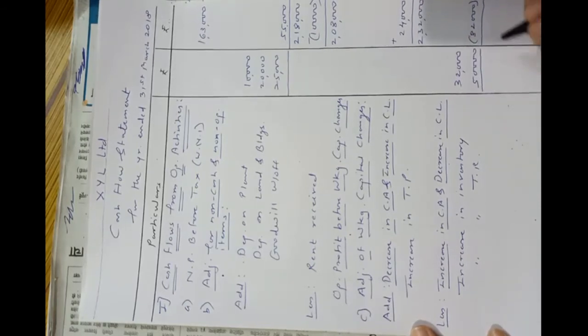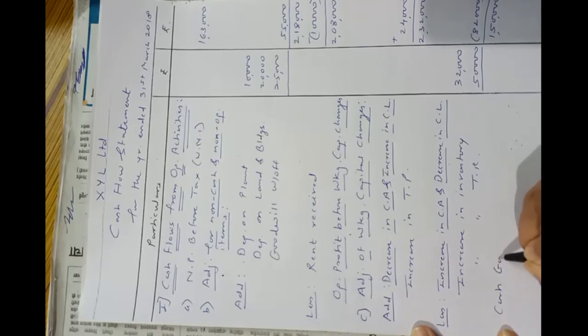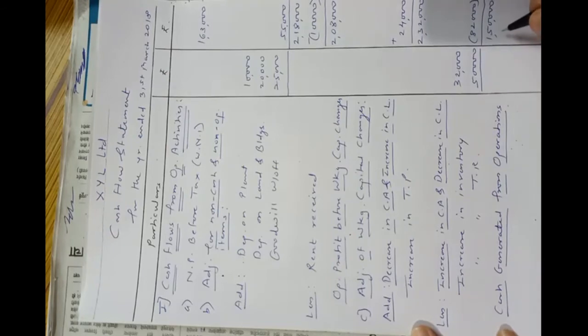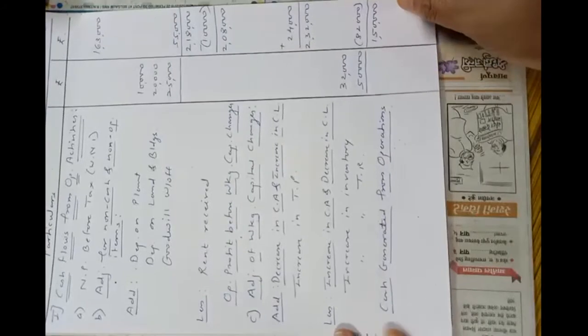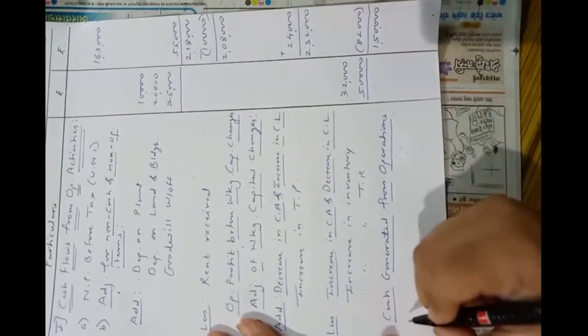So it will be 1,50,000. It is cash generated from operations. Okay. दिसते तुम्हाला ना? Cash generated from operations is 1,50,000. And now we have to deduct income tax.